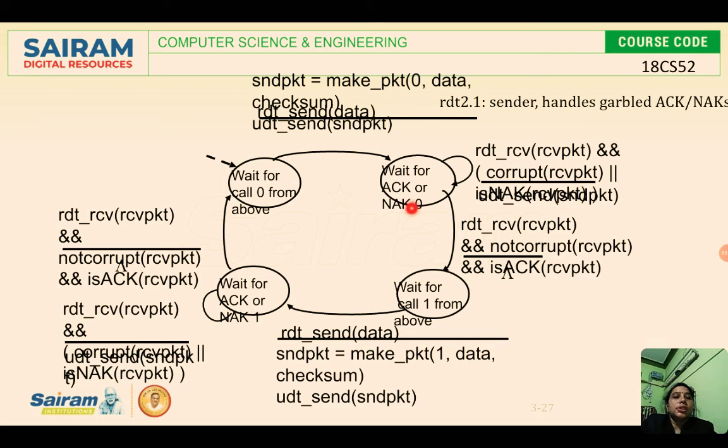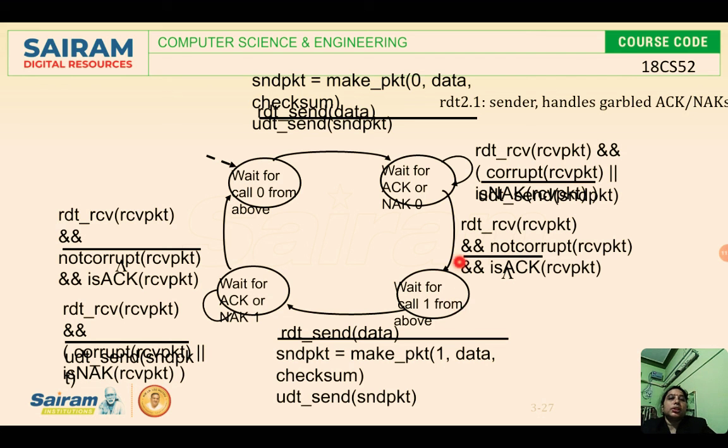If the received packet is corrupted, or it is a negative acknowledgement, either way it has to resend the packet once again. If it receives rdt_rcv(rcvpkt) and the packet is not corrupted and is an acknowledgement, it should not take any action, and it can go for the next data.